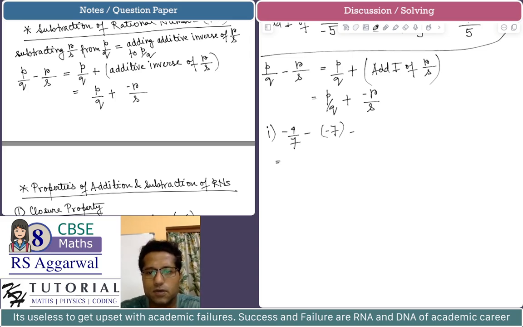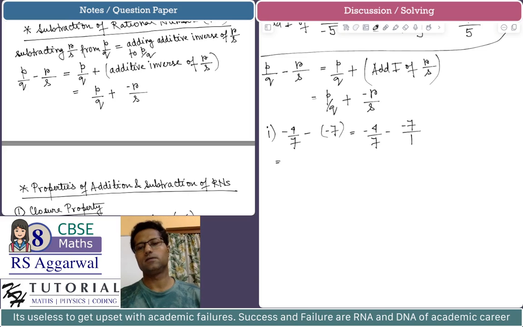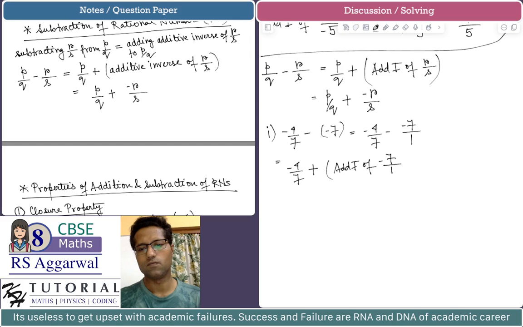So this is equal to minus 4 by 7 minus minus 7 by 1. We know that p by q minus r by s is equal to p by q plus the additive inverse of r by s. So this will be equal to minus 4 by 7 plus the additive inverse of minus 7 by 1.